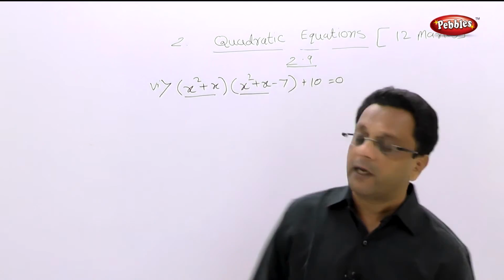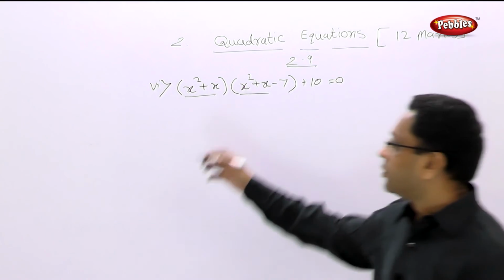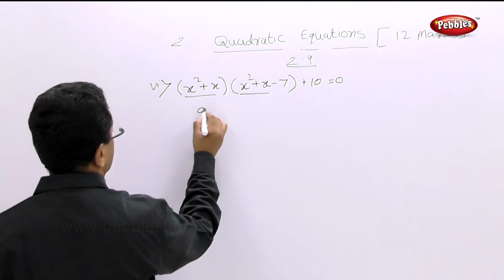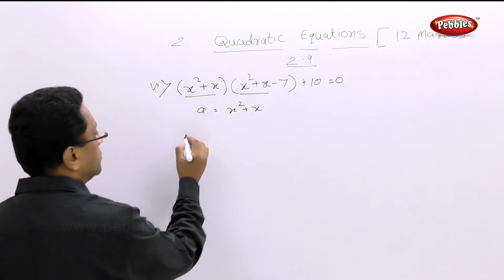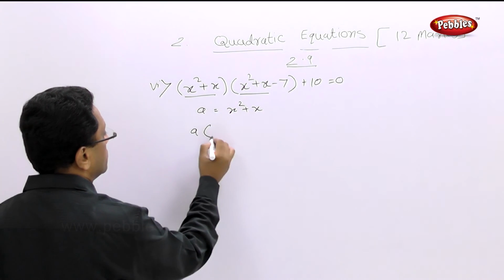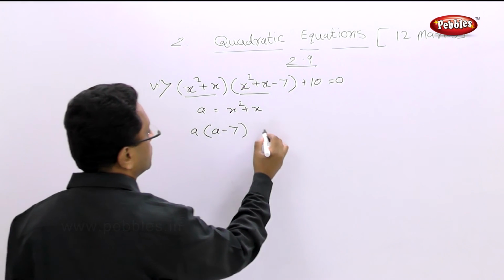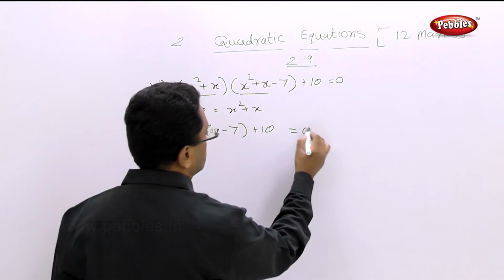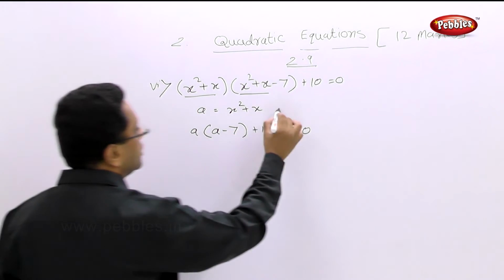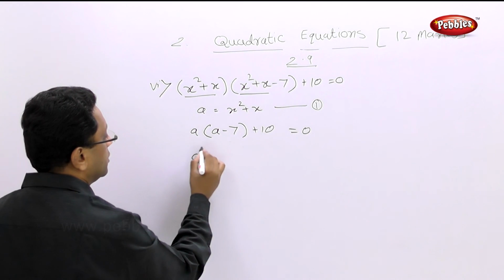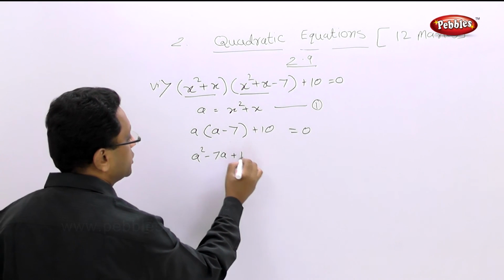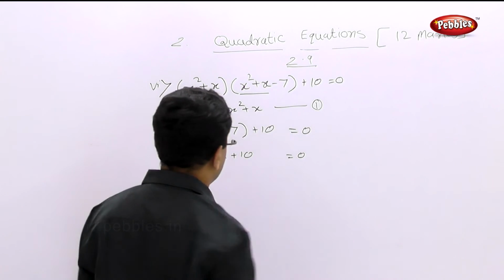So, a is equal to x square plus x. So, here I will get this is my equation number 1. So, by solving this I will get a square minus 7a plus 10 equal to 0.